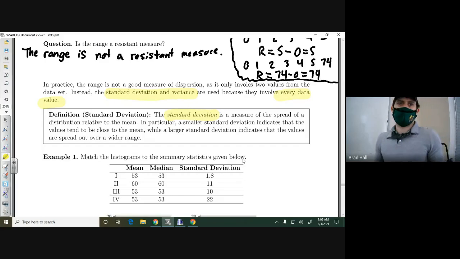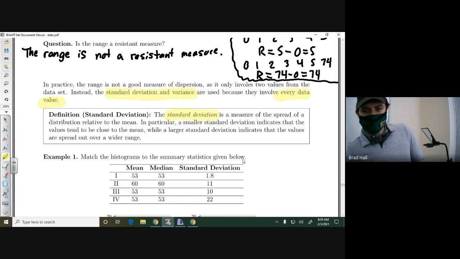We'll talk later about what that value actually represents. But in its most general form, the smaller your standard deviation, the closer the values get to your mean. The larger the standard deviation, the more your data values are spread out from the mean.